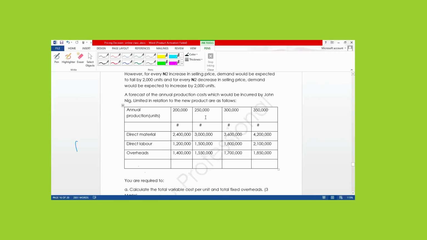When production increases, cost also increases. If you look at this data, you have activity at the highest level and activity at the lowest level. You can adopt your high and low method.